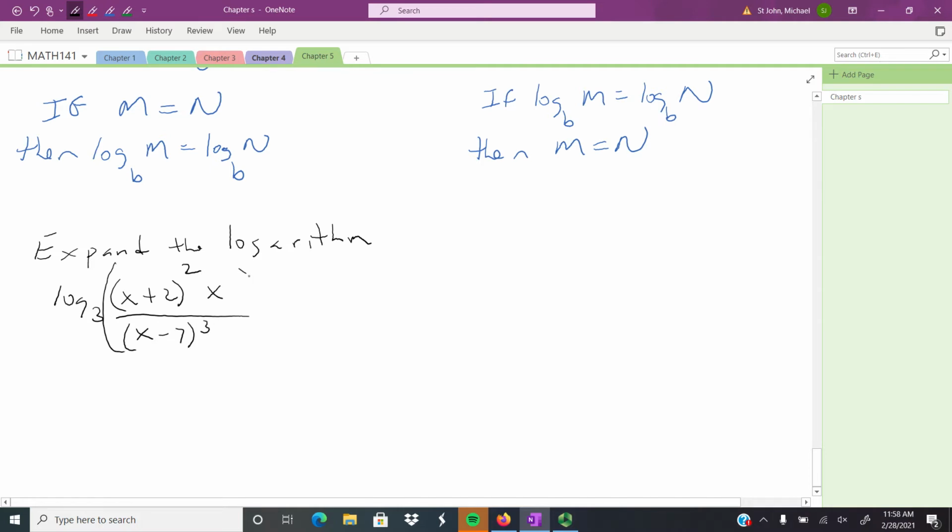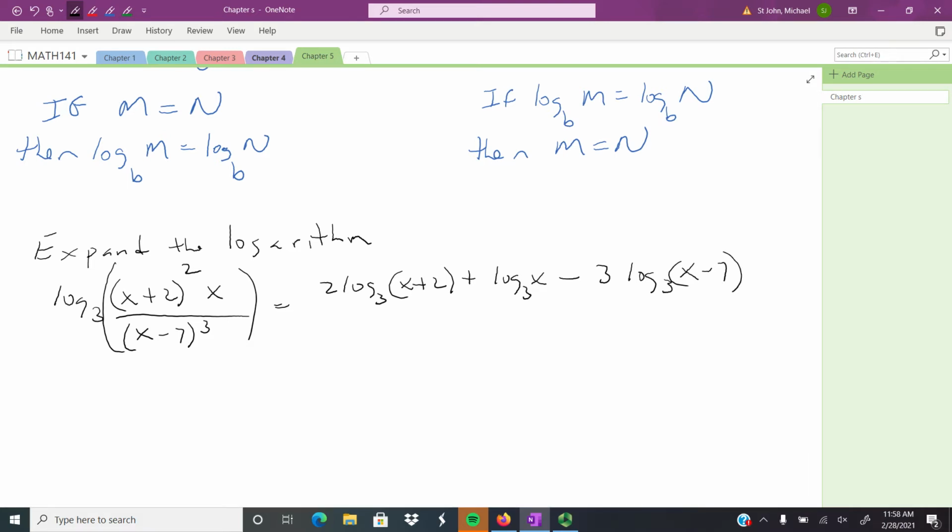Right? So this is going to be 2 log base 3 of (x plus 2) plus the log base 3 of x minus 3 times the log base 3 of (x minus 7). So we used our power rule, our product rule, and then our quotient rule.